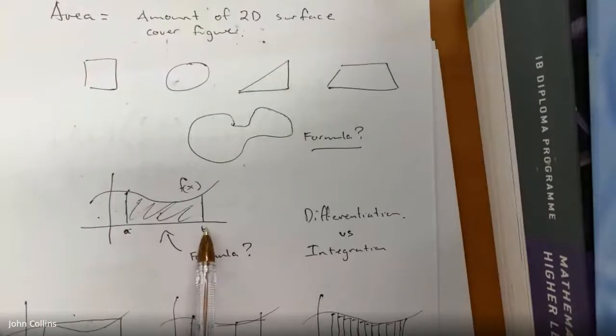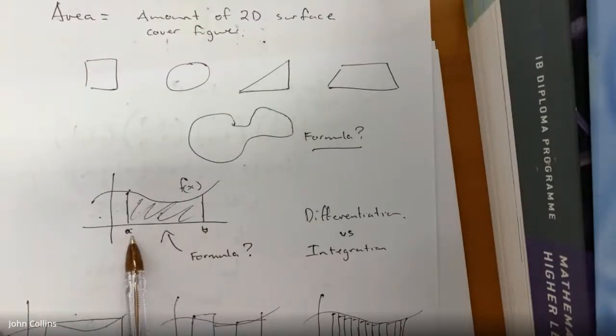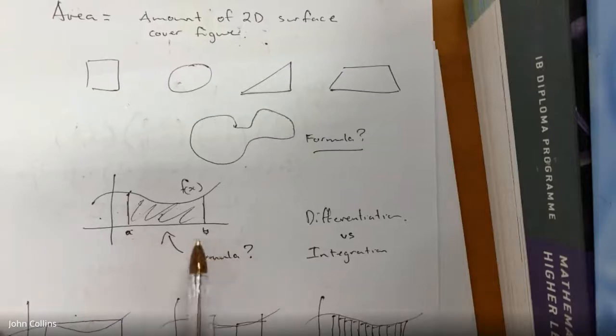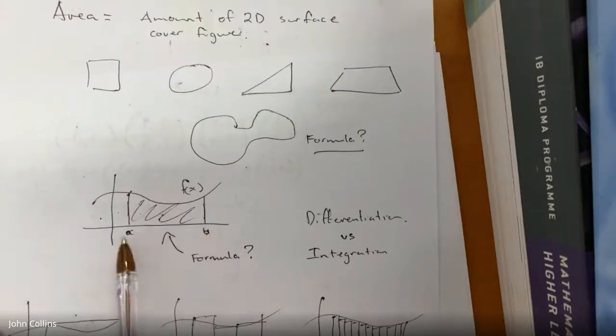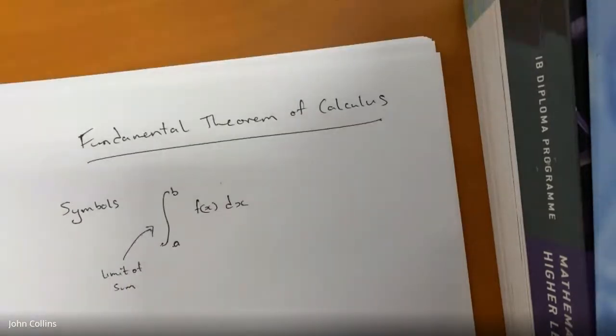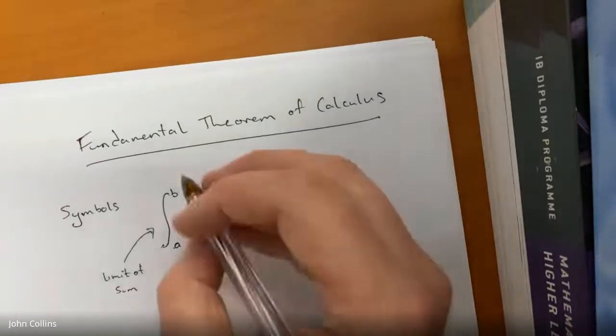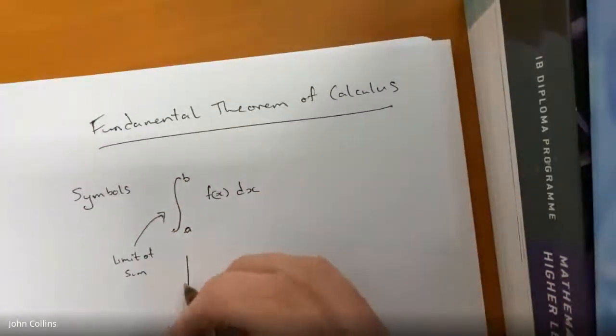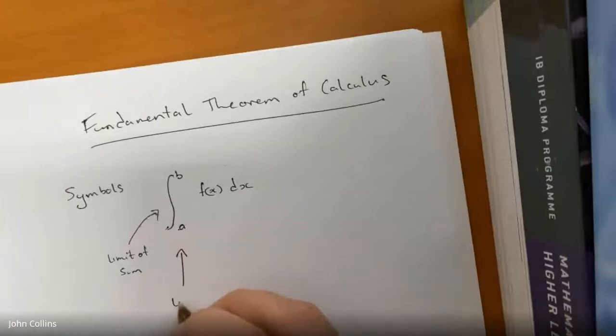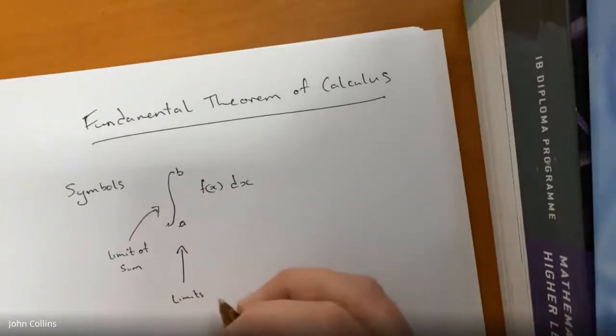So b is the upper, the furthest one, and a is the nearest one. The larger one subtract the smaller one. They're called the limits of integration, where you start and stop.